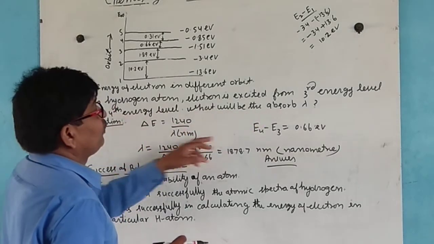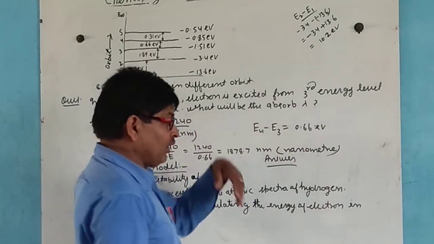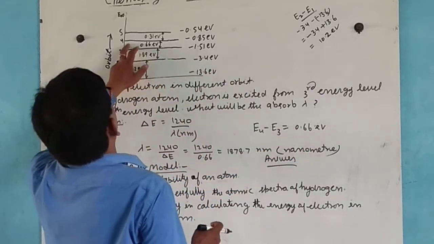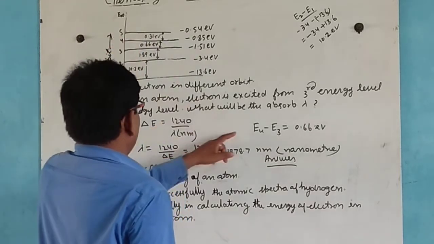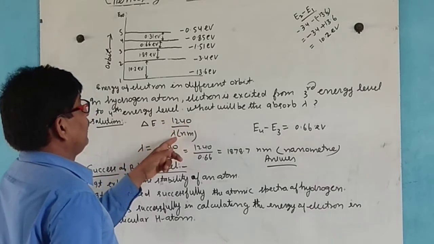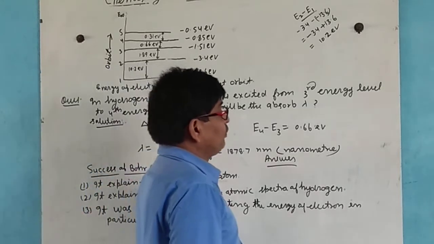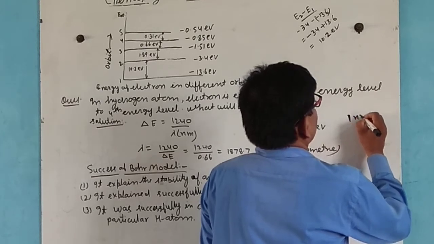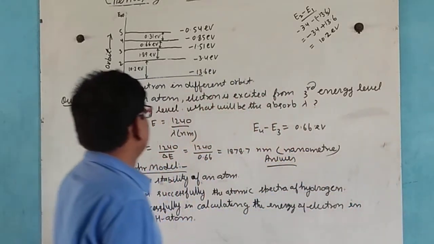It means that if the electron comes from the 4 energy level to the 3 energy level, this is 0.66 electron volt released. From 4 to 3 this much electron volt is released, and that is 1240 by lambda, where lambda is in nanometer. 1 nanometer equals 10^-9 meter.